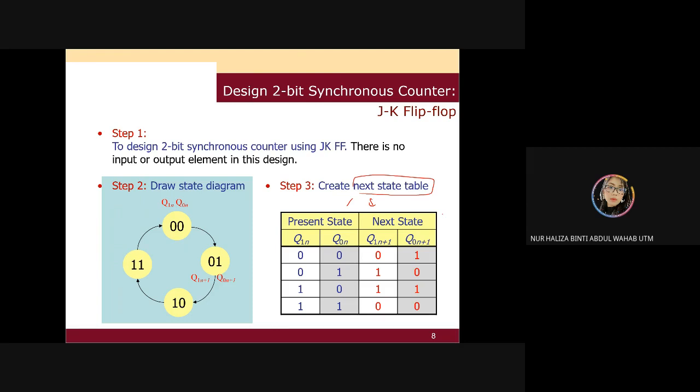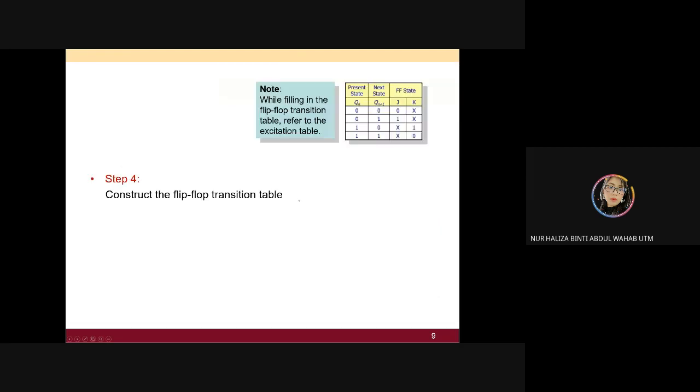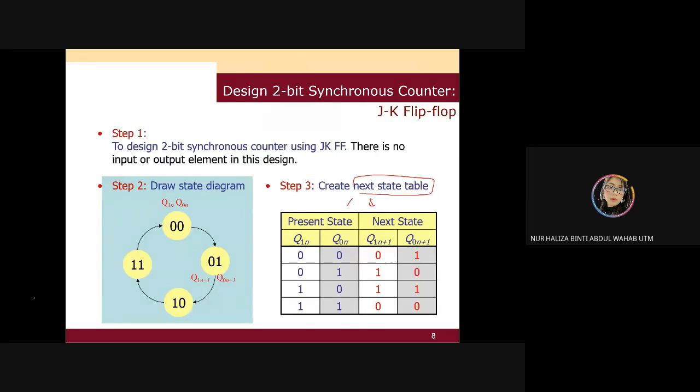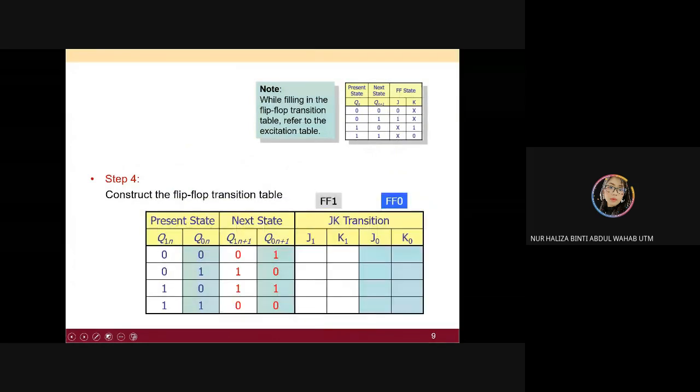Just now we know it is a transition table. You're going to copy this all back and you will add extra, which is on the JK transition. The JK value over here, that's the things that you need to find out.